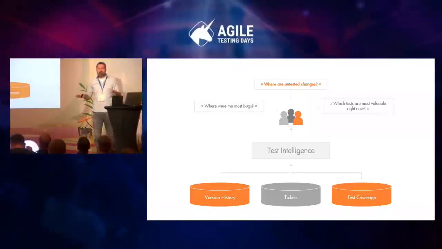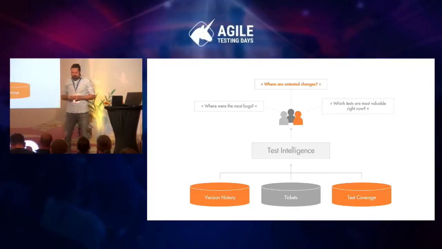So now we're all on the same page, and we can use the change information and the test coverage to answer interesting questions. The first one, which I think is the most obvious, is how do the changes relate to what we actually tested? In other terms, where are untested changes? Why do I think that's relevant?